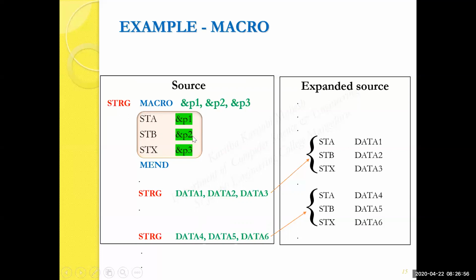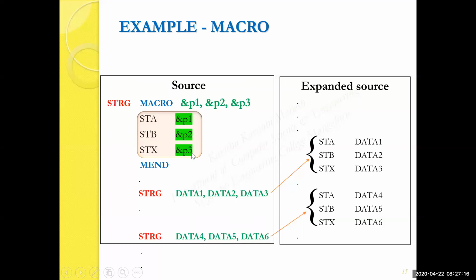Likewise, the occurrence of P2 is replaced with the argument data 2 and P3 will be replaced with data 3. Thereby, this instruction would be expanded into STA data 1, STB data 2 and STX data 3.